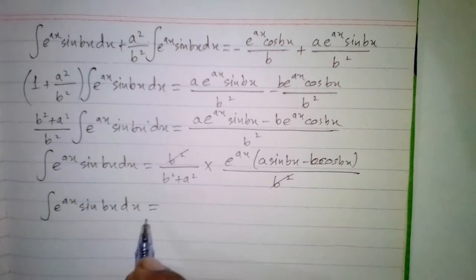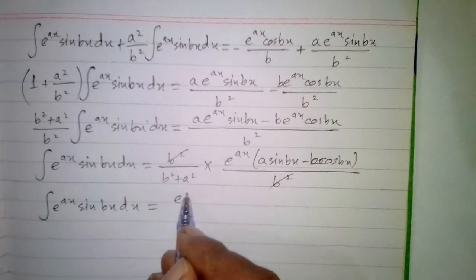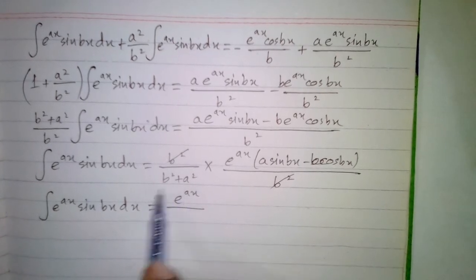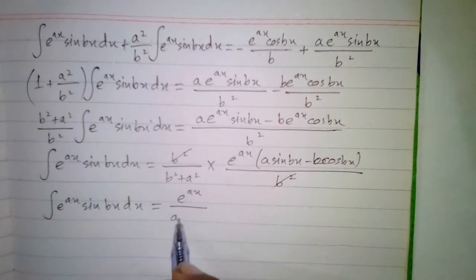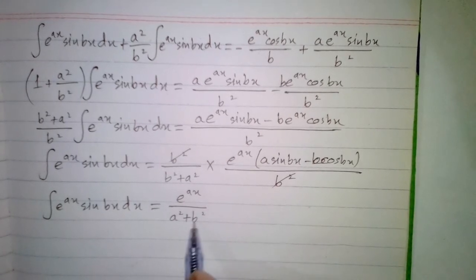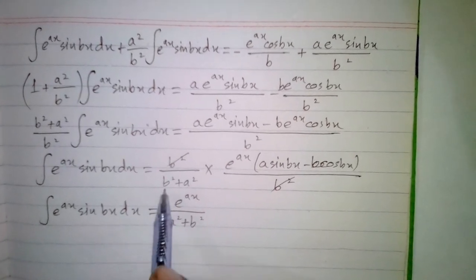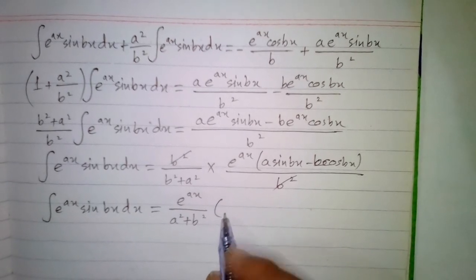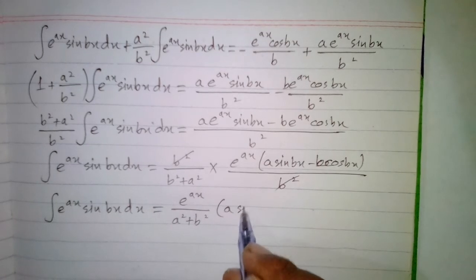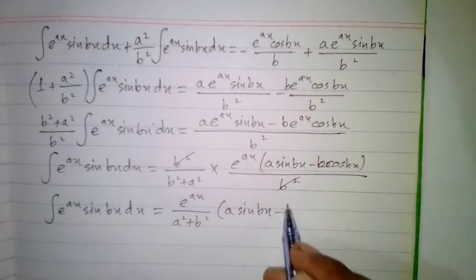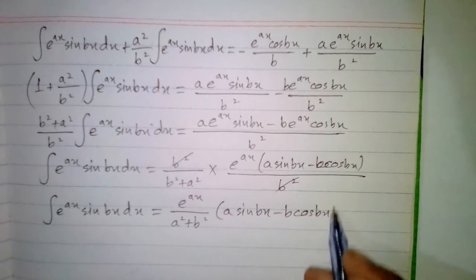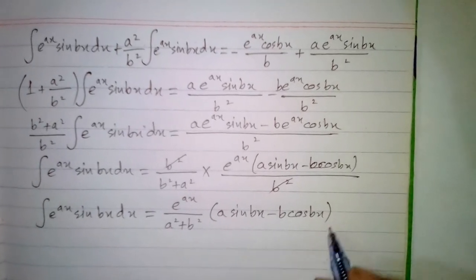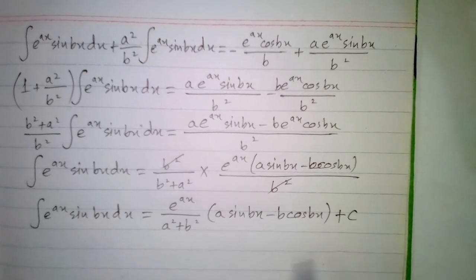dx is equal to e to the power ax upon b square plus a square, and we can apply the commutative law over here. So this can be written as a square plus b square, because a square plus b square is equal to b square plus a square, and then multiply it by a times sine bx minus b times cos bx, and because this is the indefinite integral, we will add the constant c.